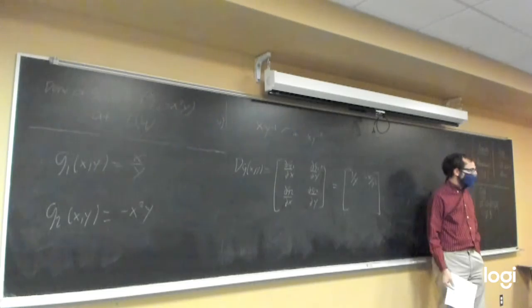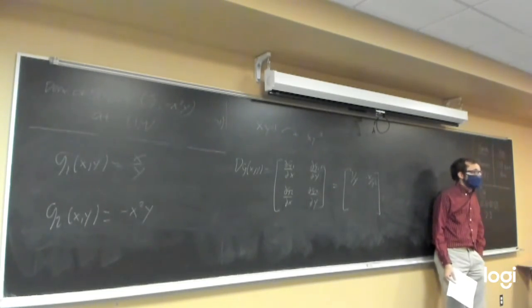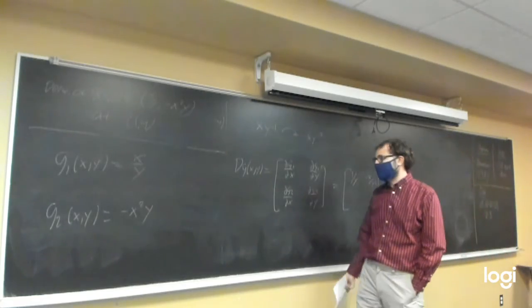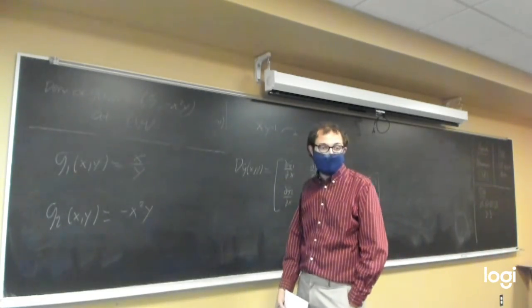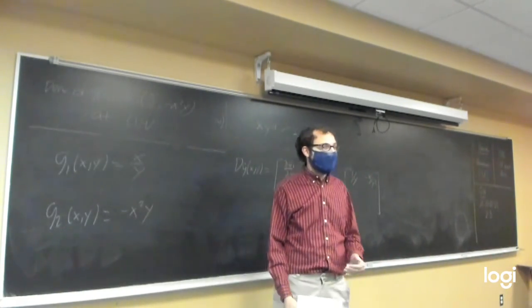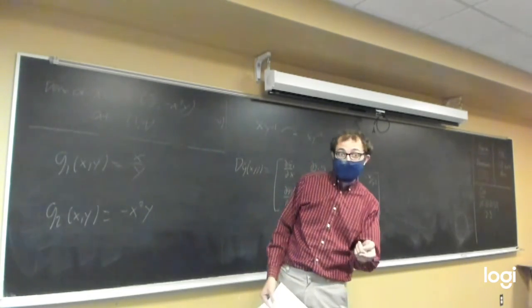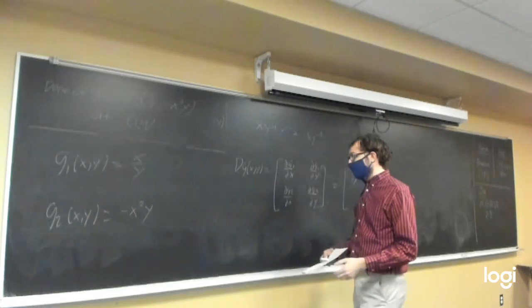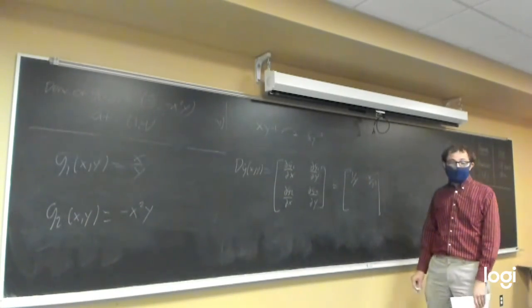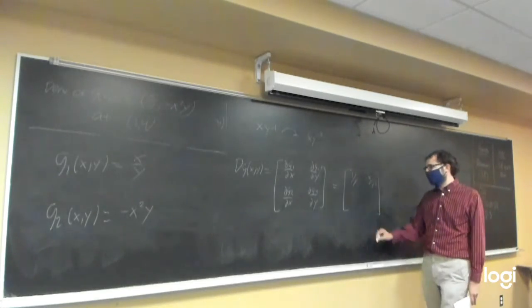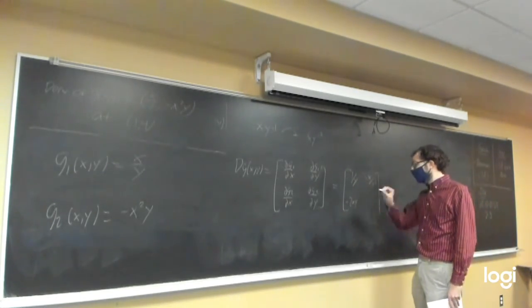Anywho, how about the derivative of g2 with respect to x? This one I think is a little bit easier. If g2 is negative x squared times y, when we differentiate with respect to x, what are we going to get? Negative 2x times y. Yeah. Negative x squared becomes negative 2x, and a constant multiple of y comes along for the ride to give us negative 2xy.